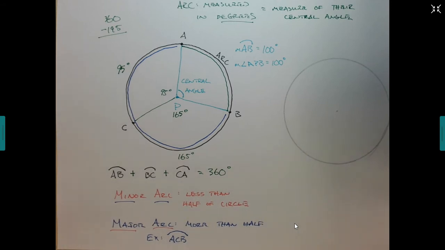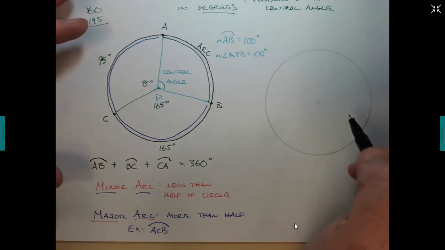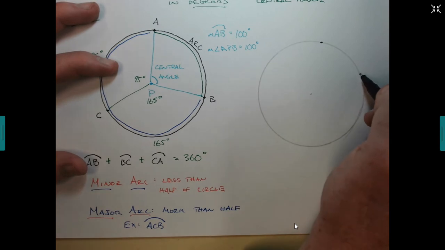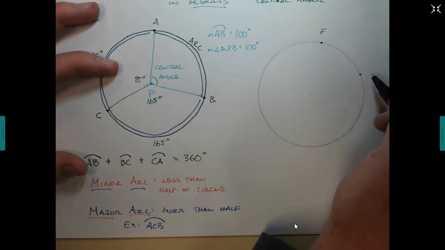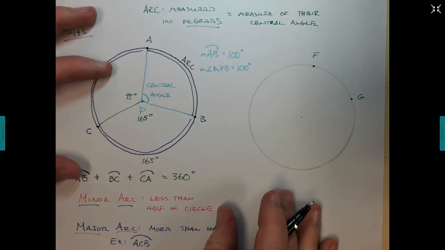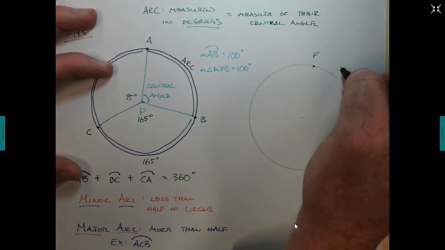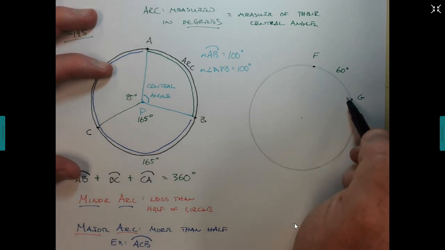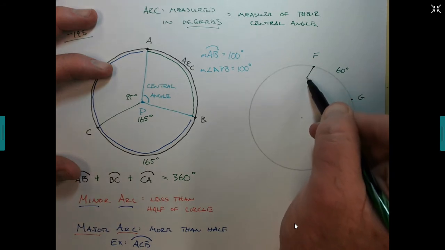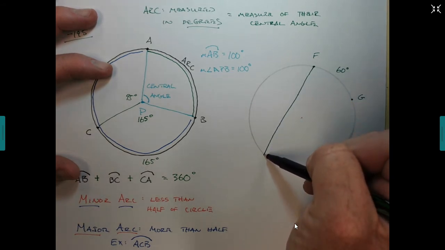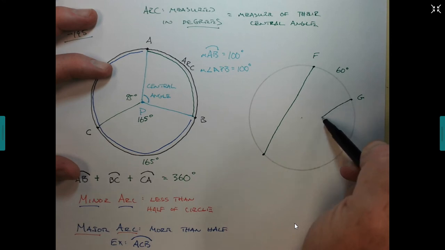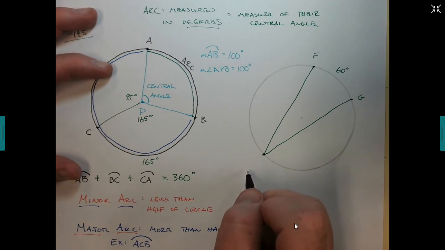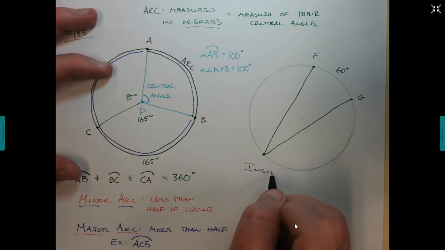Okay? And just to add on to that, let's say I got another circle here, and I had some arc here, FG. If I knew the measure of that was 60 degrees, if I drew a central angle, I know it would be also 60 degrees. If I pull that vertex back and put it on the curvature, tough to draw, this is called an inscribed angle.